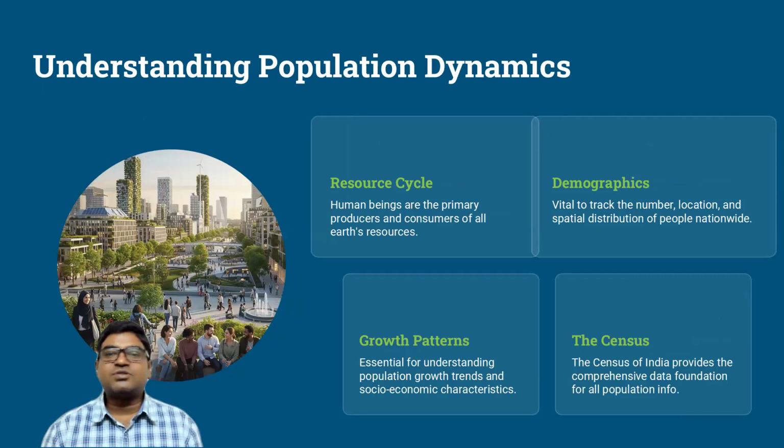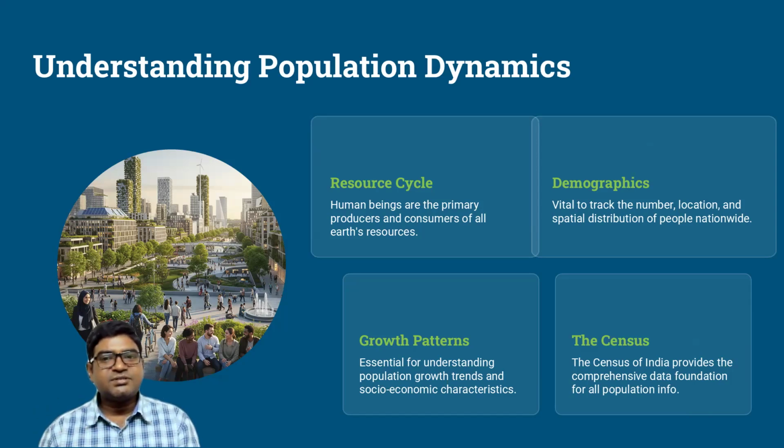If you look at the resources, who are the primary producers and consumers? It is human beings who are the primary producers and consumers of all Earth's resources. If you look at demographics, it is vital to track the number, the location, and the spatial distribution of people nationwide.